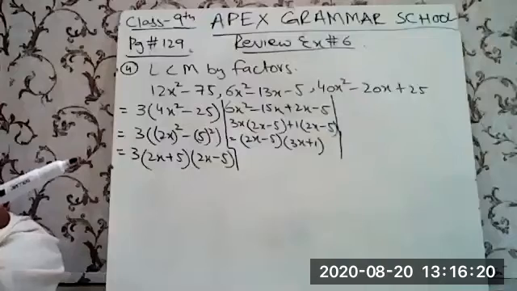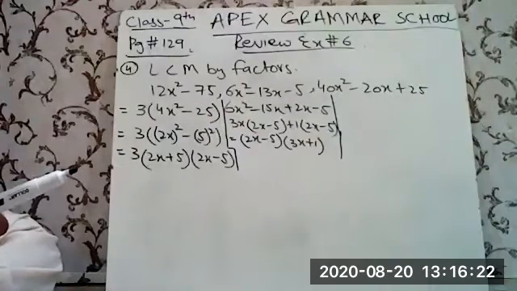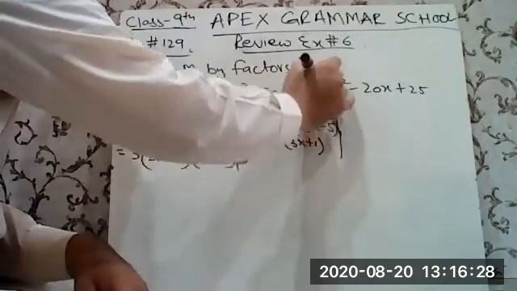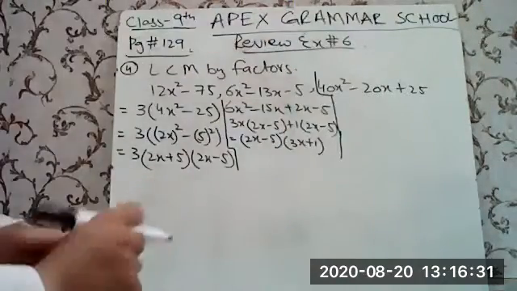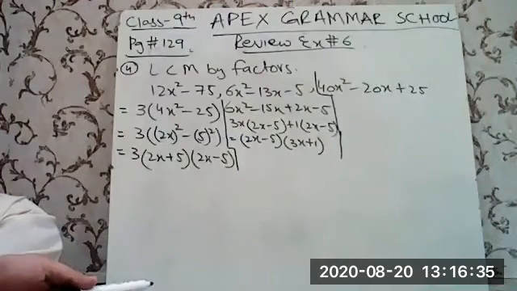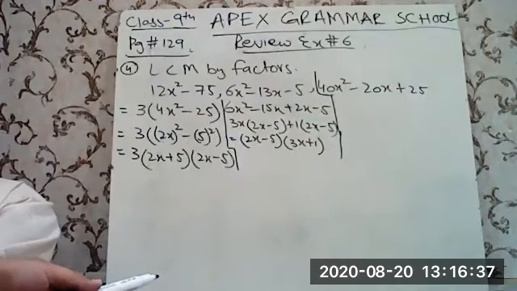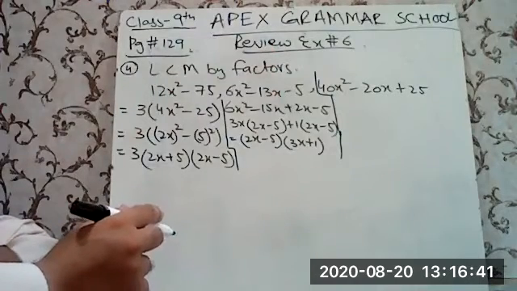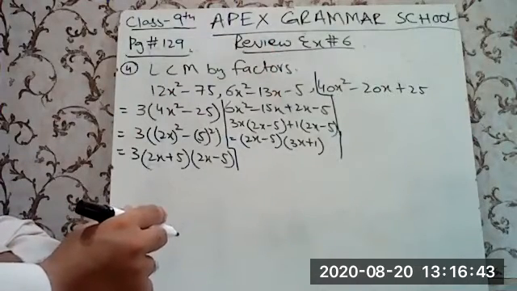And after that, for this 40x square minus 20x plus 25, first of all, you can see that 5 is common here.